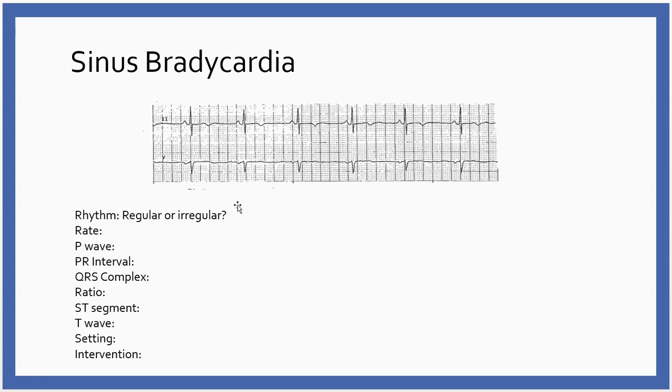And so we would titrate our dopamine or epi drip to get the blood pressure to at least 90 systolic and reduce or get rid of the signs and symptoms that are making them unstable. So that's sinus bradycardia.